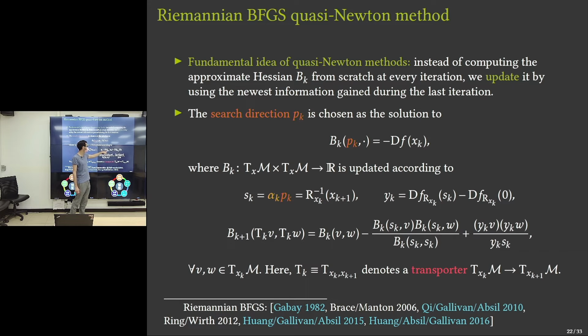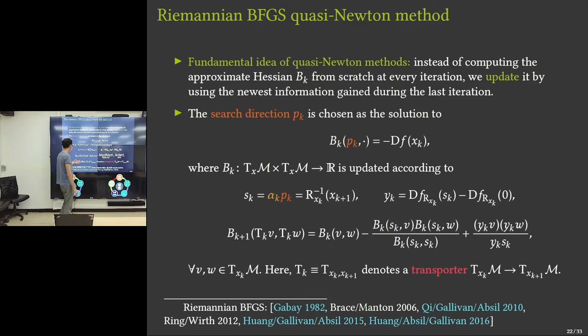So this f hat at xk is the one that I defined before, the composite function of the retraction and the objective function f. So this is where we are taking the difference between first derivatives, the differentials. This is where we use first order information to get some kind of second order information. So here is the difference between the differentials.